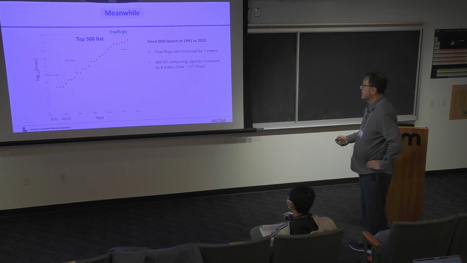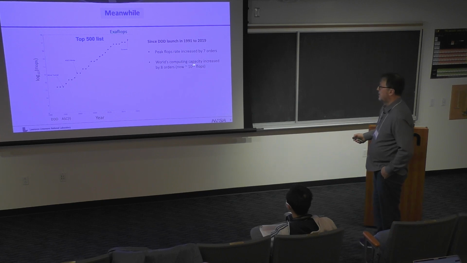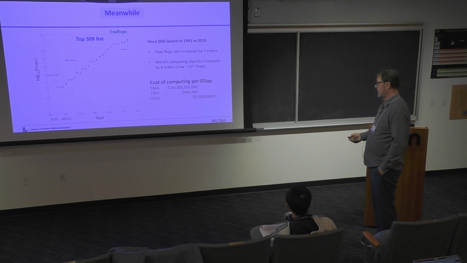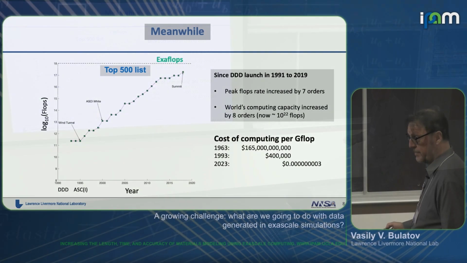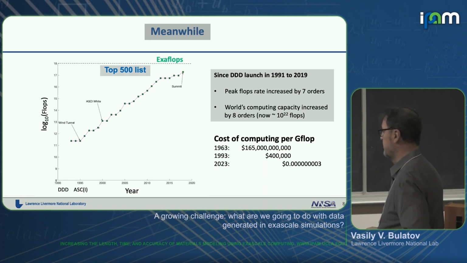The peak flop rate increased from the time when the dislocation dynamics method was proposed, 1991 to 2019, about 7 orders of magnitude, while computing capacity increased over the same time interval by 8 orders of magnitude. And perhaps most mind-boggling, what happened to the cost per gigaflop of computation.